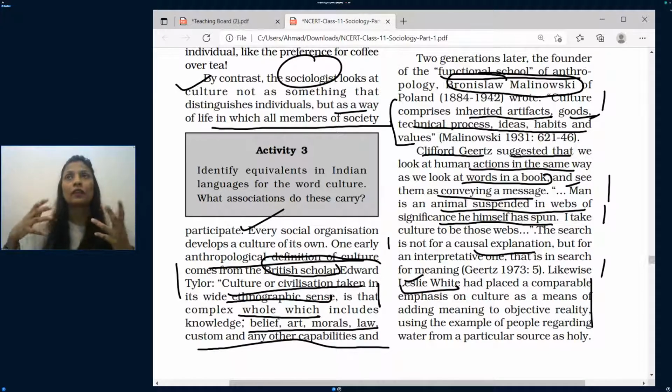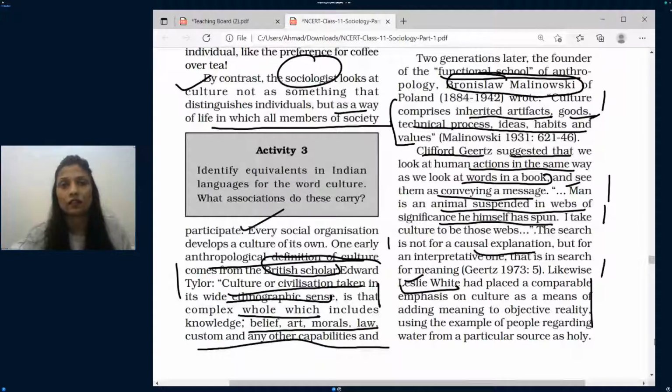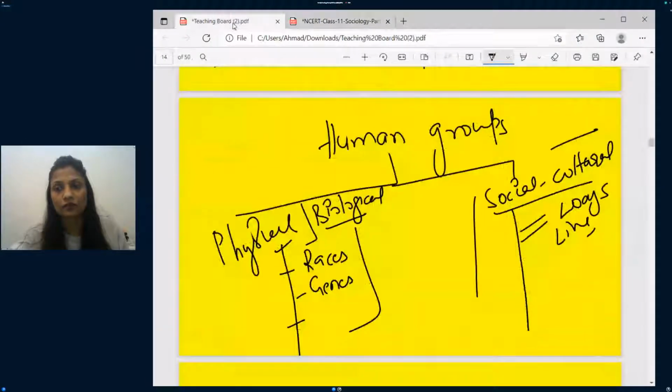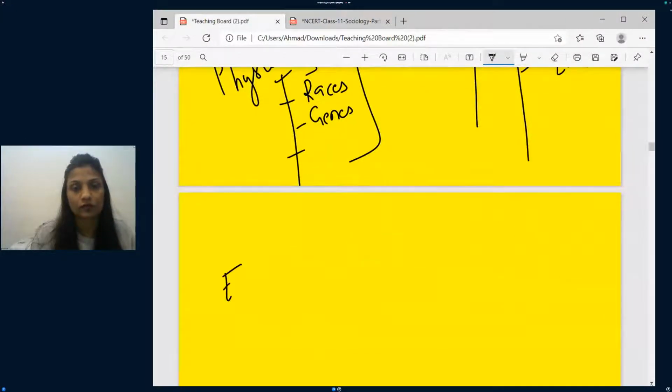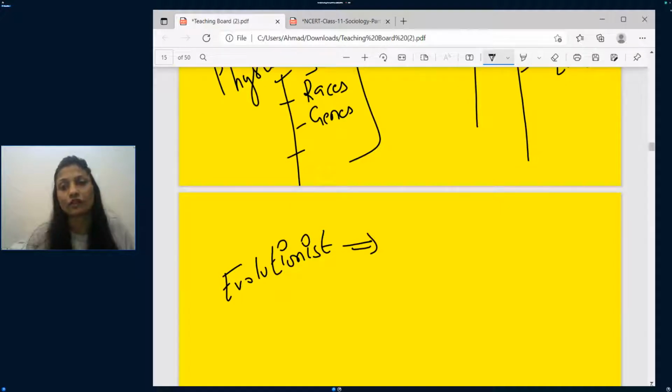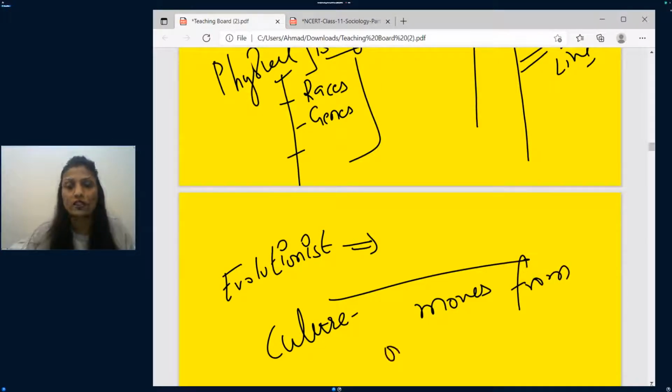For example, there is the evolutionist school of thought. The evolutionist school says that culture moves from one stage to another.